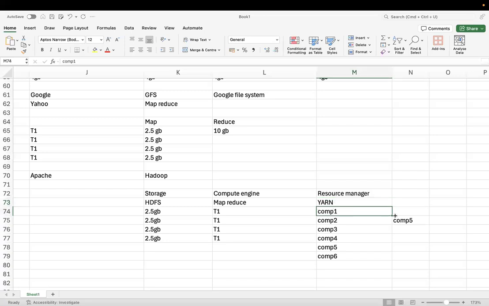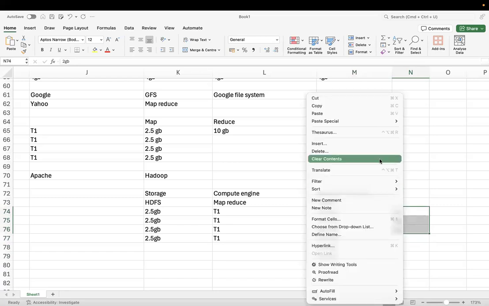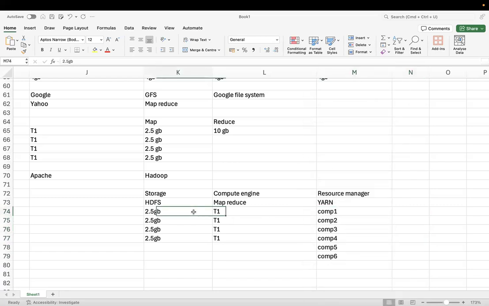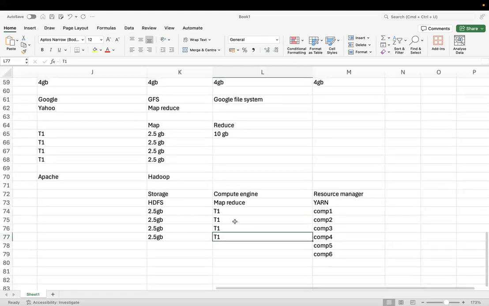Let's say you want computer 1 to have 2 GB RAM, you can tell YARN that you need 2 GB RAM for all of these computers, and it is going to provide 2 GB RAM. So you can define the configurations, but you cannot decide which computer should work on which partition or which MapReduce concept. Please remember this. It is going to be super important when we talk about Spark and distributed computing.